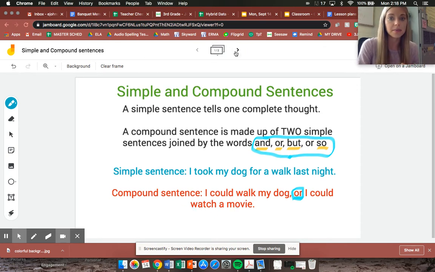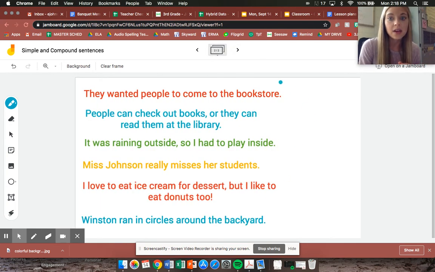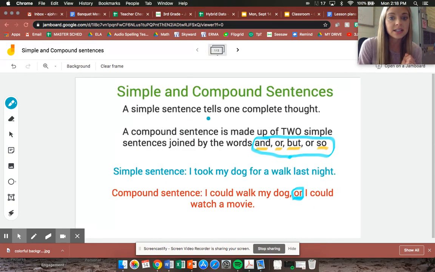Let's do some practice sentences on this next slide here. So we're going to say if it is a simple sentence or a compound sentence. Remember, a simple sentence just tells one complete thought, just one thing. For example, I am at school today.